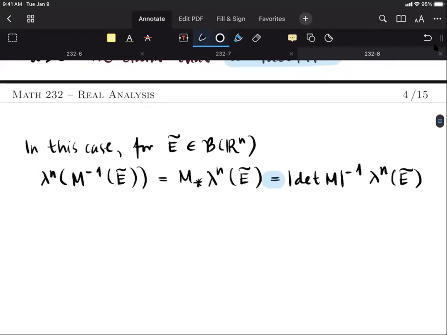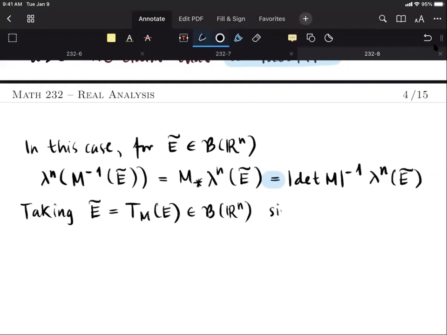Now, taking E tilde to be T sub m E, take note that T sub m is invertible and has a continuous inverse. Therefore, this implies that the image of a Borel set is also a Borel set.